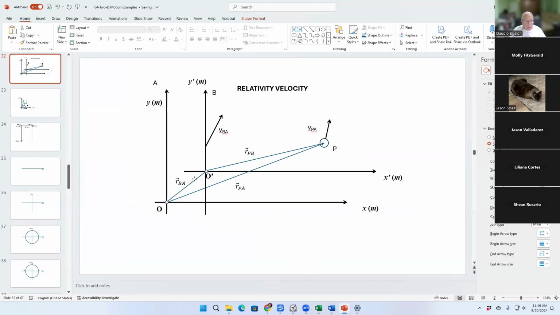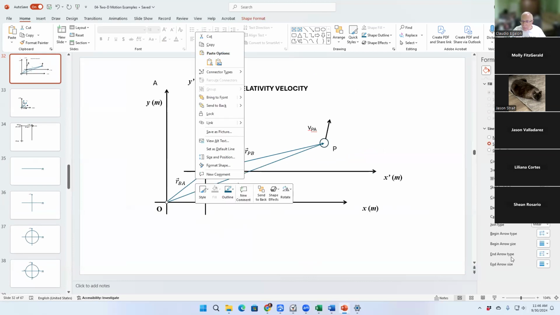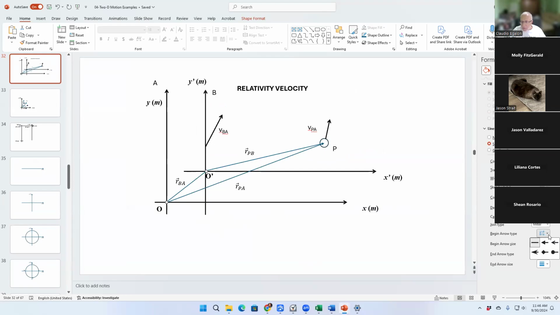Nah, it's terrible. Maybe I have to increase the size. Yeah, now I can see better, right? Next, this one here.